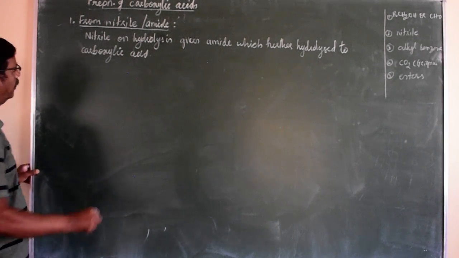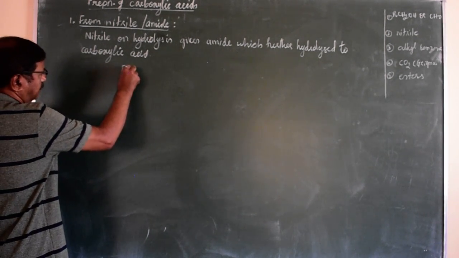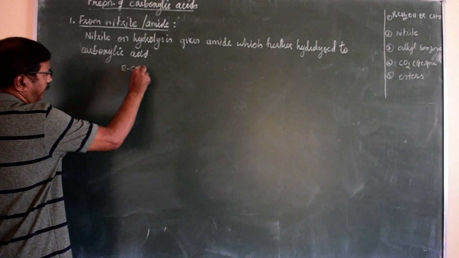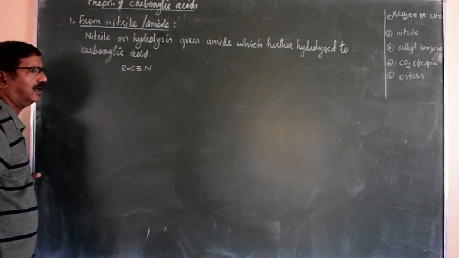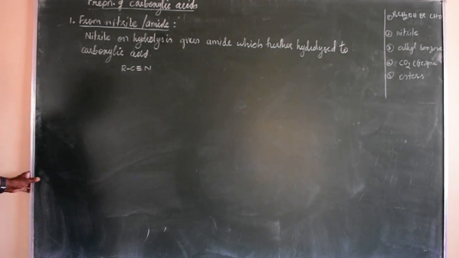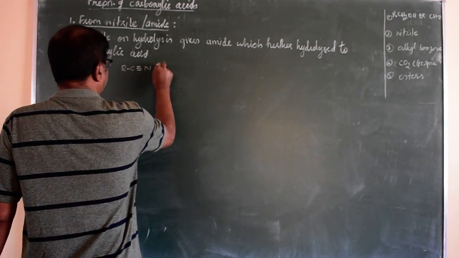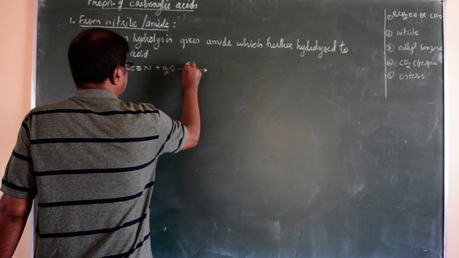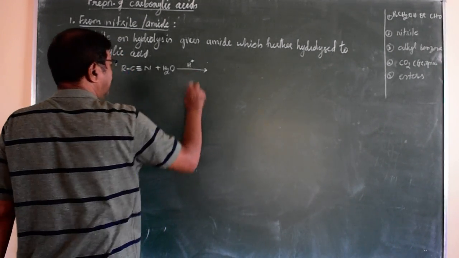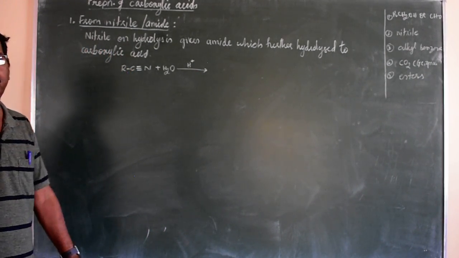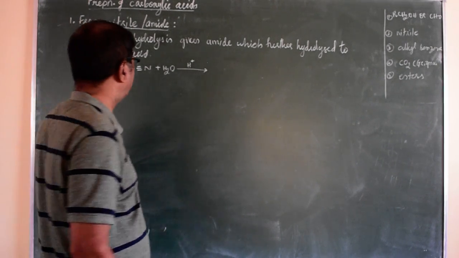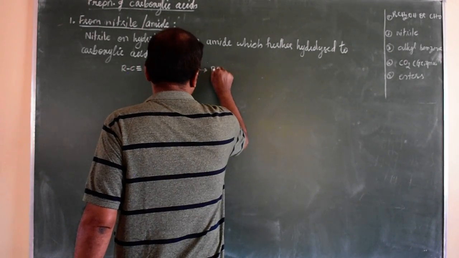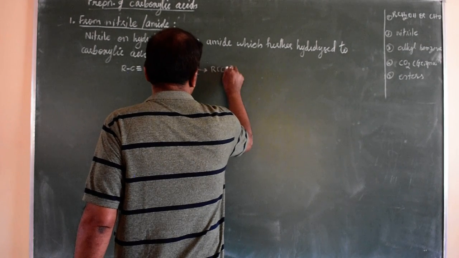The formula for nitrile is R-C triple bond N, or RCN as you also write. It undergoes hydrolysis in presence of a mineral acid like HCl, or maybe dilute H2SO4. The product formed is RCONH2.